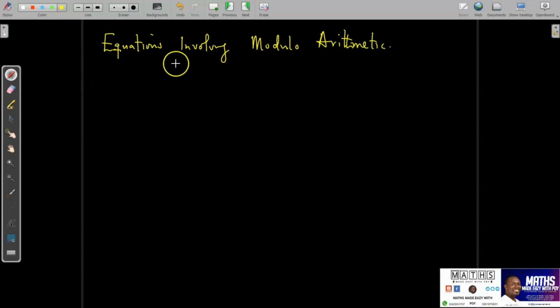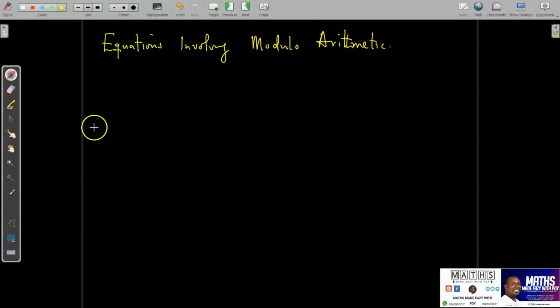Now, when we consider equations involving modular arithmetic, it means you're actually looking out for the value of a given variable, or missing information in a given equation.